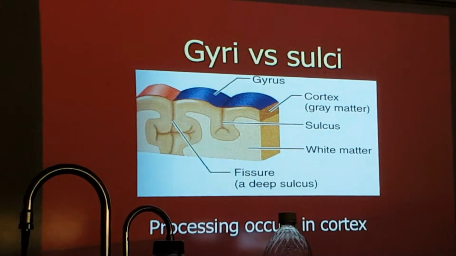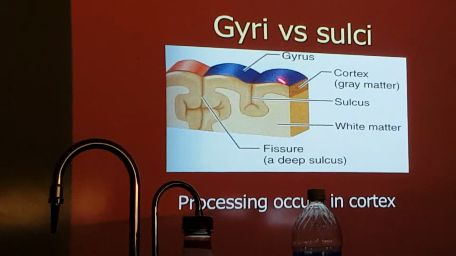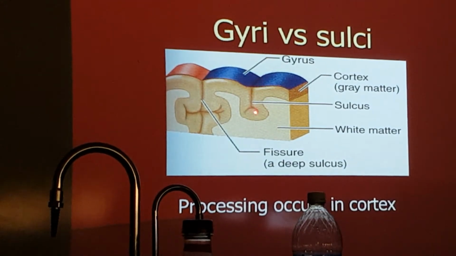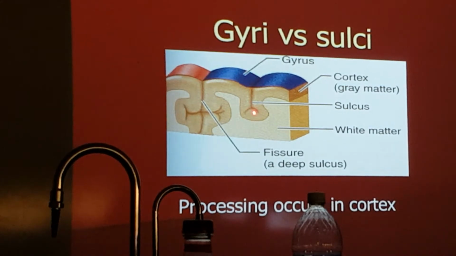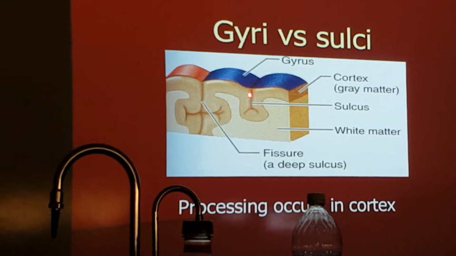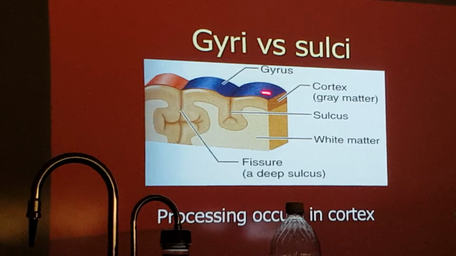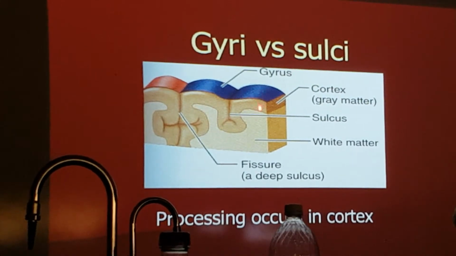Okay, and of course gyri and sulci. Gyri are the ridges, and each sulcus is a little valley or whatever you want to call that. So the surface of the cerebrum is highly wrinkled, and that surface area of gray matter is called the cortex.